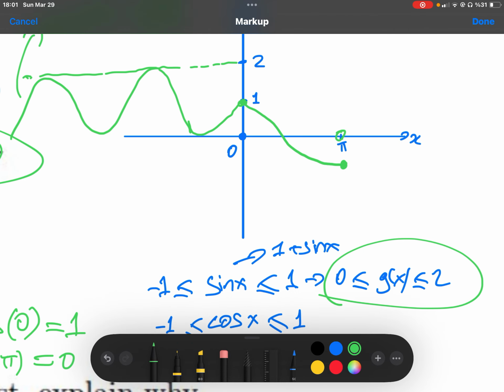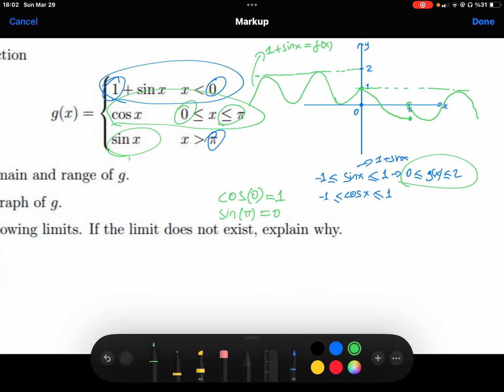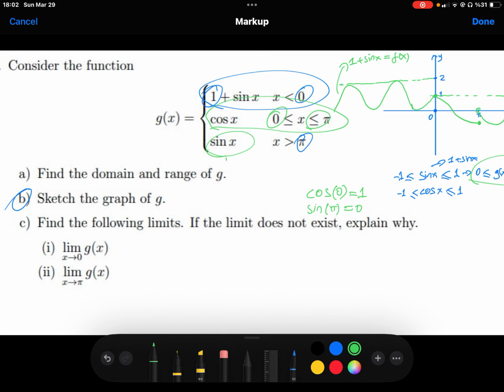And it will go like this, as you know from trigonometry, like this. The maximum value of this function will be 1 because we have only sine x. There is no additional 1 or anything. So this is the graph.